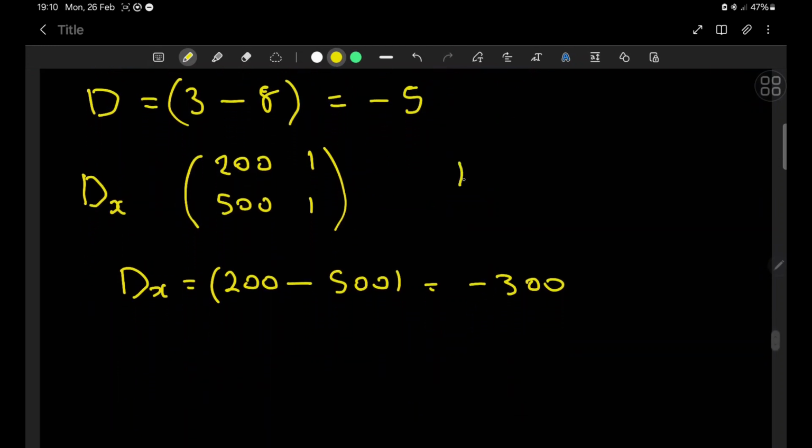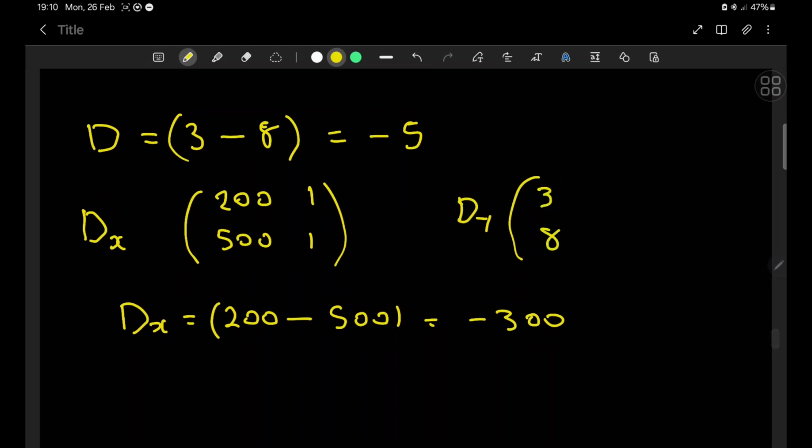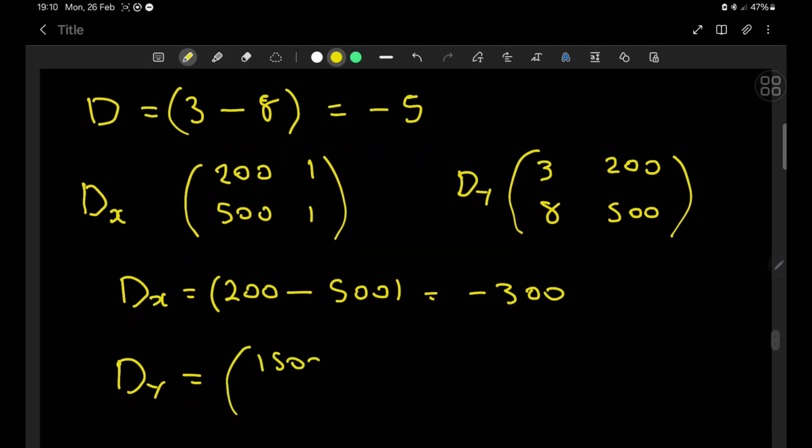We get the matrix for the determinant of y. That is, we maintain the first column as it was, which is 3 and 8, but we place 200 and 500 on the second column. Then we look for the determinant of y. So that is 3 times 500, we have 1500, minus 8 by 200, that will be 1600.